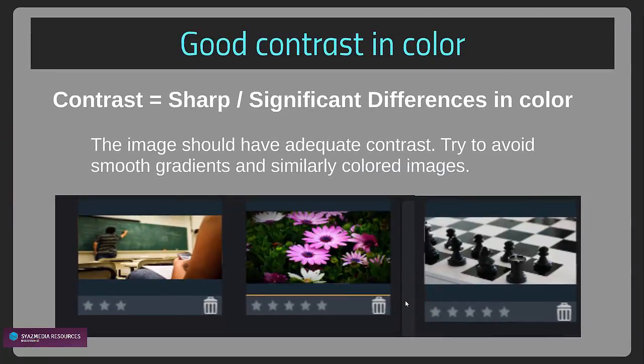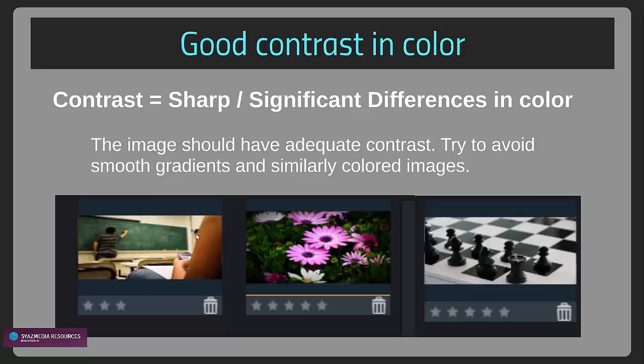And you need a good contrast and color. When we talk about contrast, what we are saying is we are looking for significant differences in color, which means you should try to avoid things that are similarly colored or have smooth gradients. Here's an example of a 3-star image on your left.